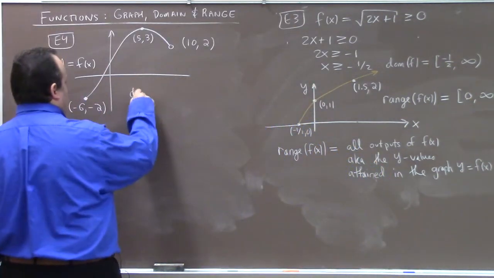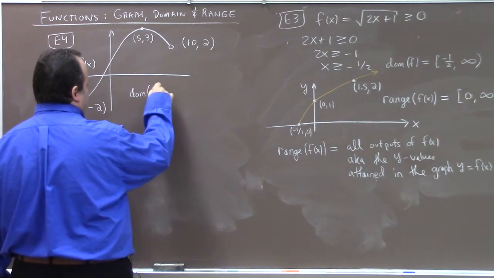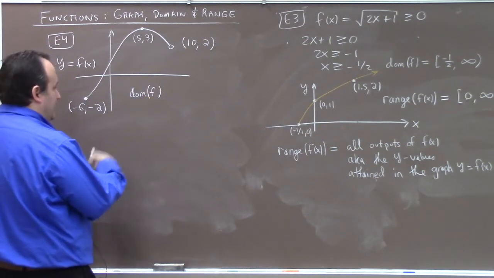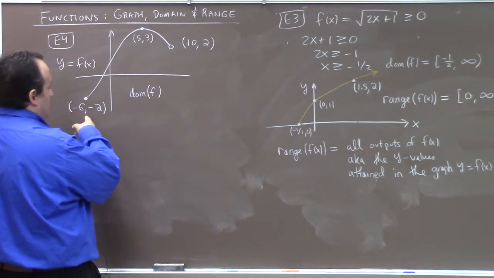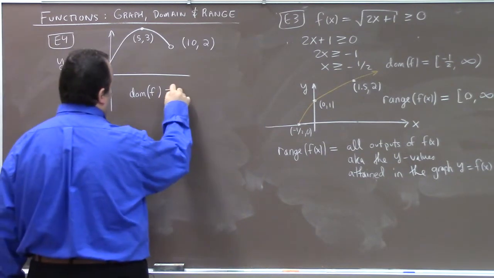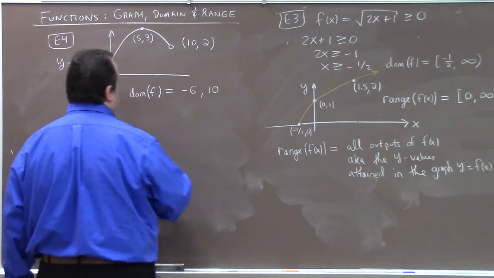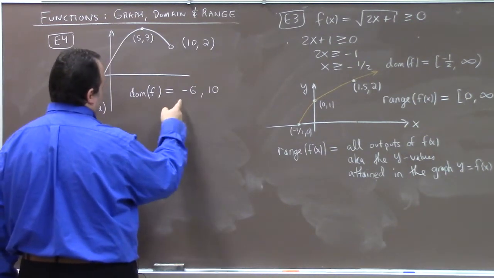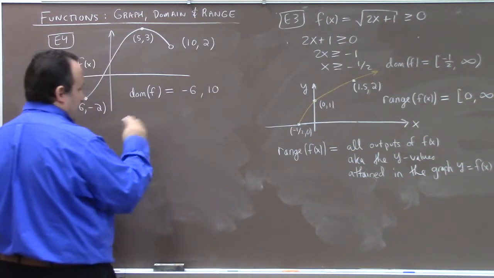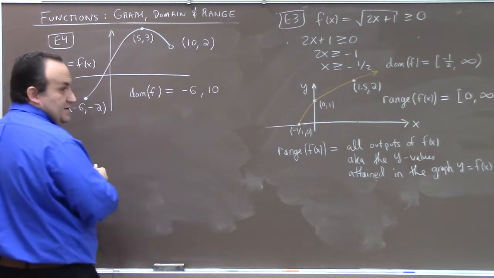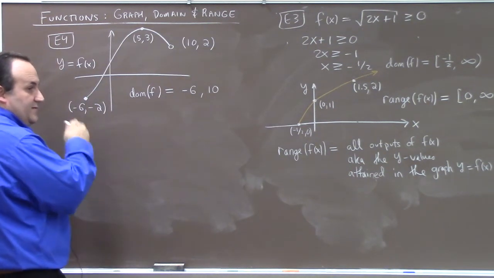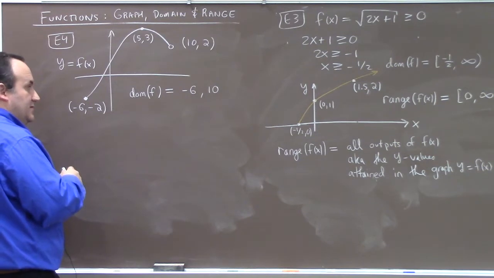The domain of f. By the way, you got choices. You can just write f or you can write f of x. Either's acceptable. What did you say, minus 6 to 10. Now I'm going to ask you the harder question. Those are the allowed x values for sure, because that's what we see on the graph. Those are the x values which are reached.